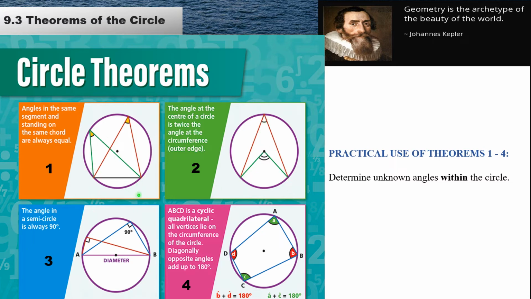You have little triangles, you have quadrilaterals, right? So once we superimpose other geometric structures on the circle, we have at our disposal four theorems which will enable us to determine unknown angles within that circle. So let's get some practice actually doing that.